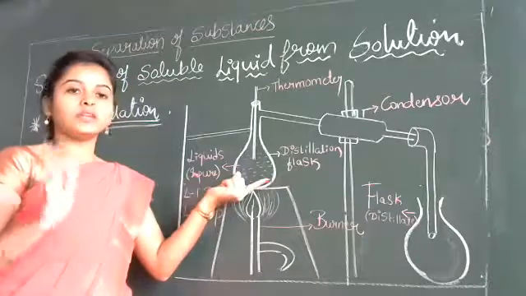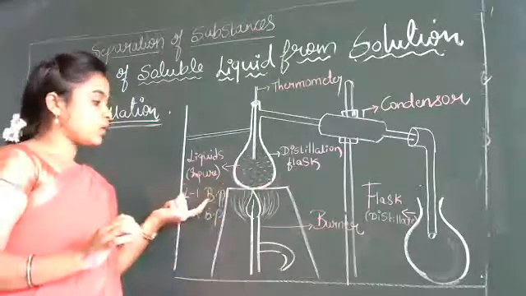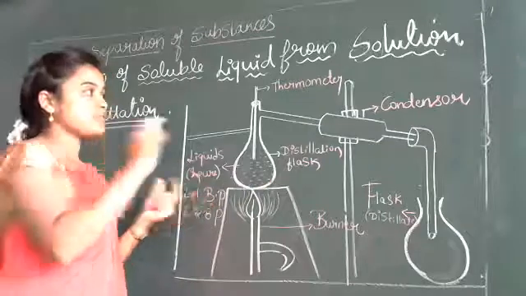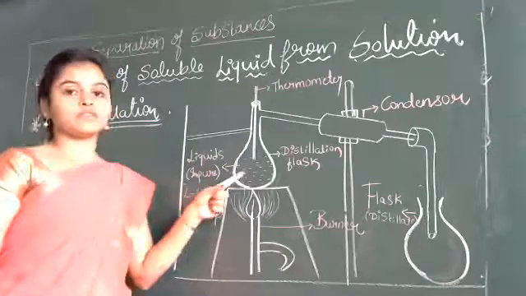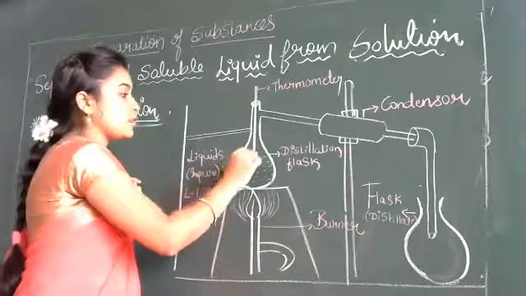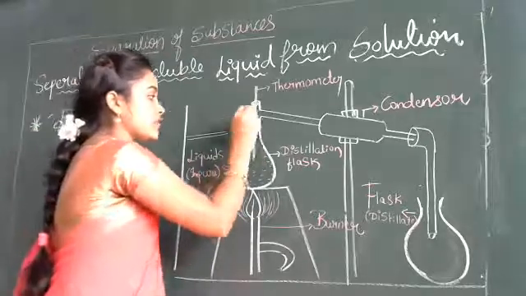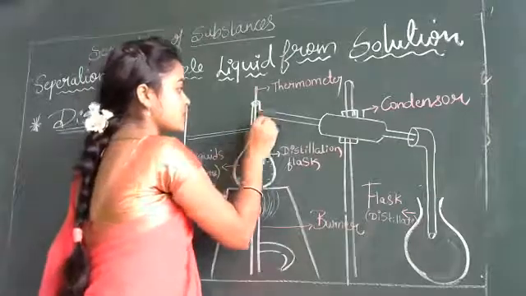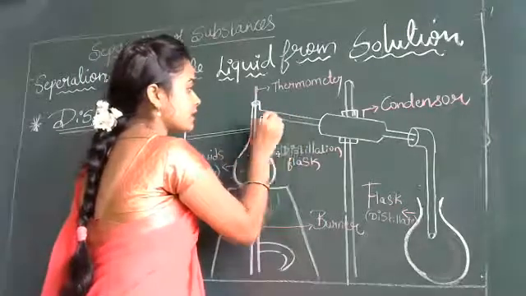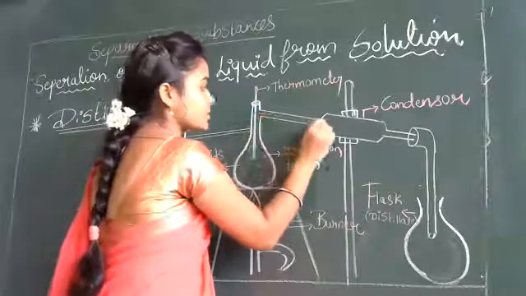First, the boiling point of liquid 1 is reached. It starts boiling and then vaporizing. It will start giving vapors. So liquid 1 starts giving steam, or you can say vapors.